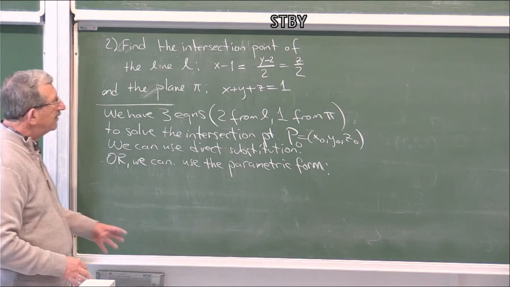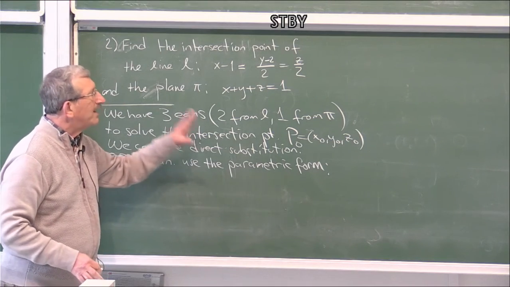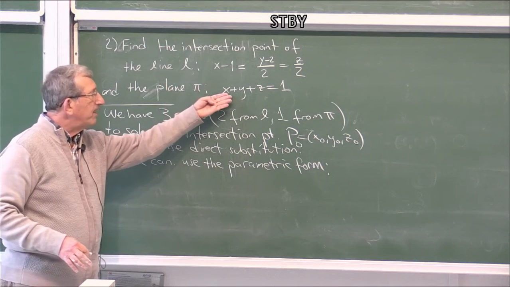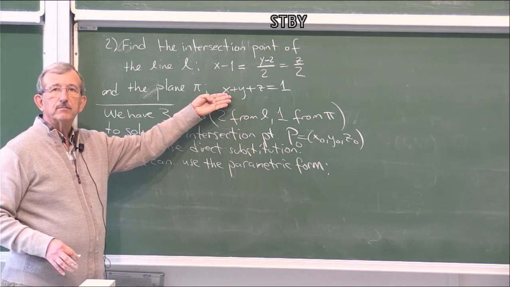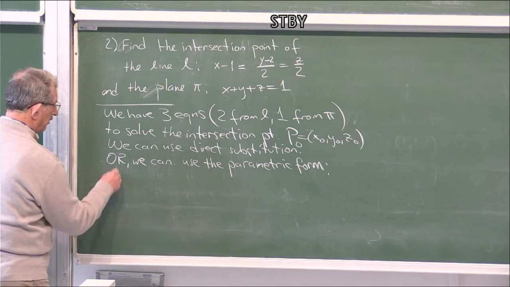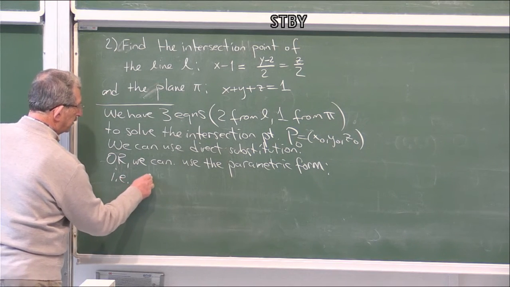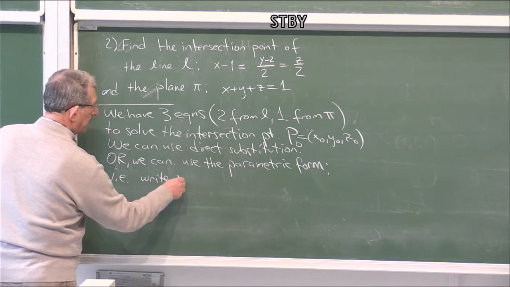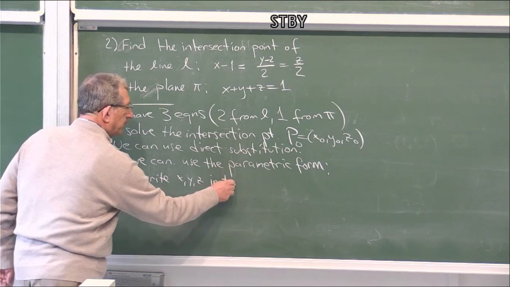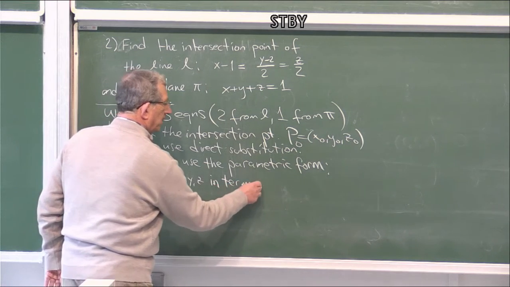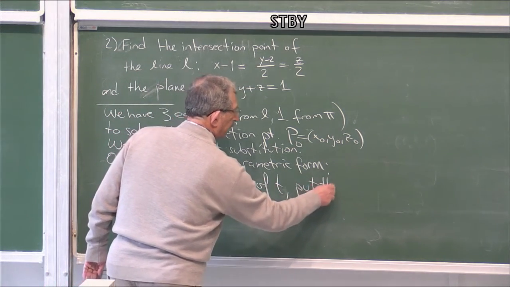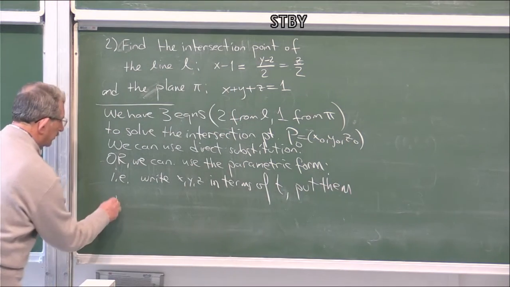This means that we write everything, x, y, z, in terms of t, and put them in here, solve for t. So write x, y, z in terms of t, and then put them in the plane equation.